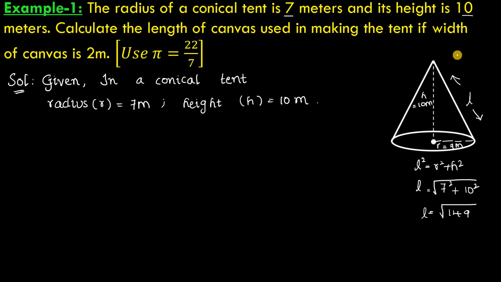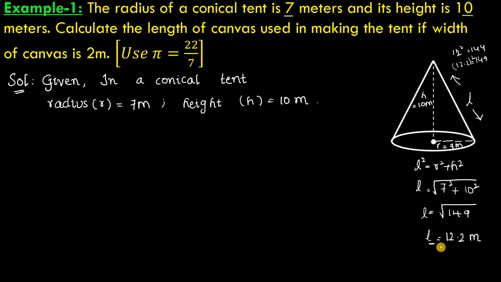We know 12 square is 144. So 149 means maybe 12 point something. If we do, we'll get 12.2 meters. This is slant height L meters.